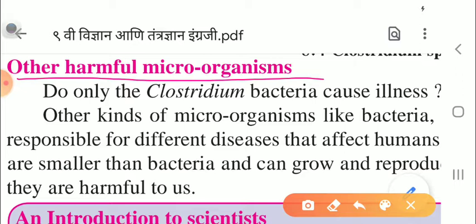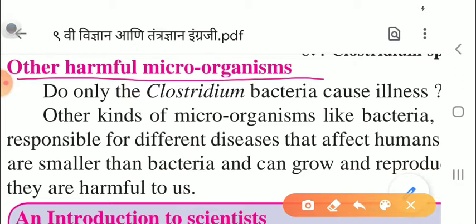Now other kinds of microorganisms like bacteria, viruses, protozoa and fungi are also responsible for different types of diseases which affect human beings. So these all are also microbes which affect human beings.